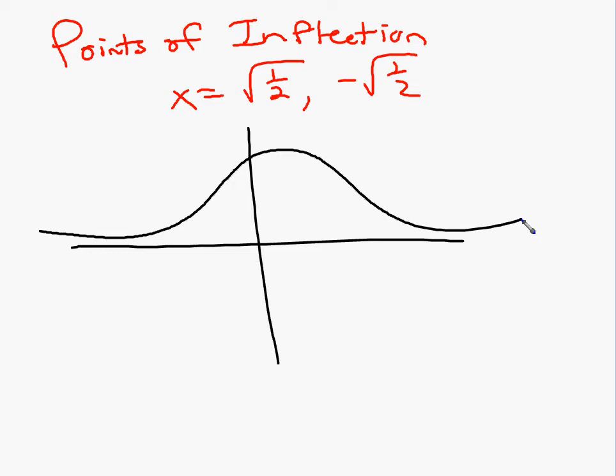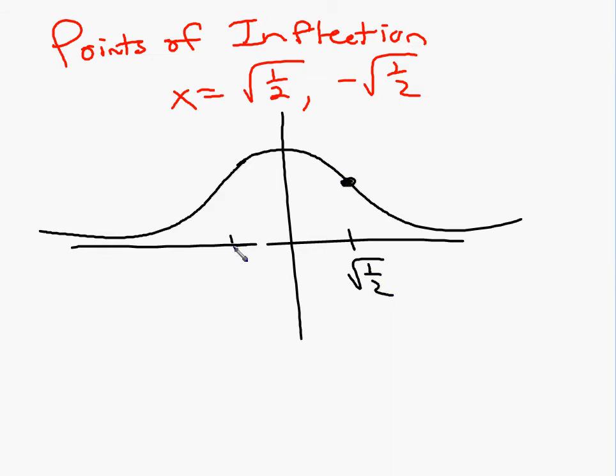Only I think it's centered right at, should be centered right there. And if you look here, here is the positive square root of 1/2, and right there's our concavity change. And here is the negative square root of 1/2, and there's our concavity change. All right? Points of inflection. Set the second derivative equal to 0.